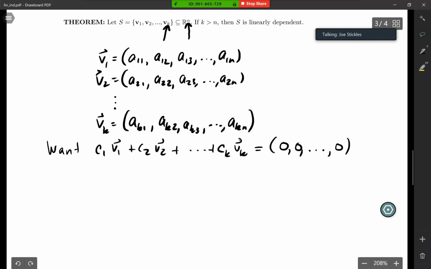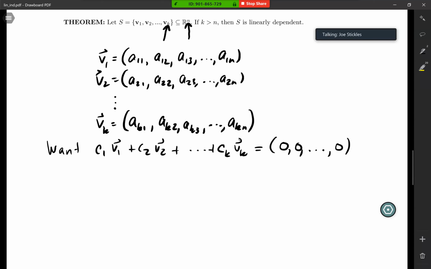So what we're going to do here is just set up a system of equations. This C1 is going to get multiplied through on the V1. This C2 is going to get multiplied through on the V2. And so on down, with the CK multiplied through on the VK. And then we're going to equate components.